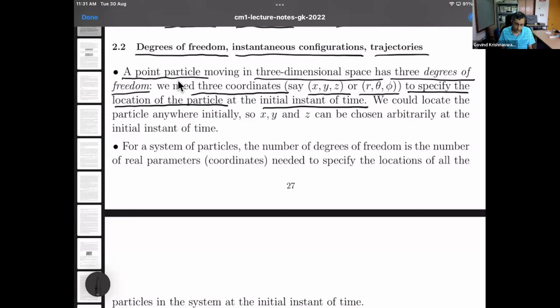Said differently, we could locate the particle anywhere in 3-dimensional space initially. So its 3 initial coordinates x, y, and z can be chosen arbitrarily at the initial instant of time. And we say that x, y, and z are its 3 degrees of freedom, and that the number of degrees of freedom that this particle possesses is 3.